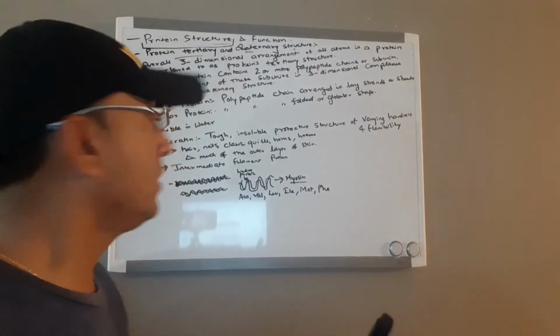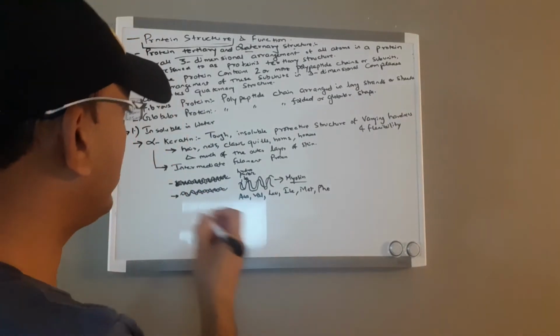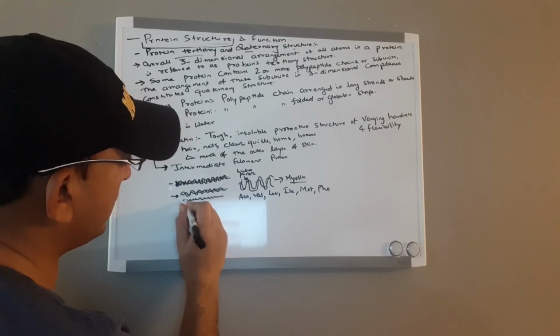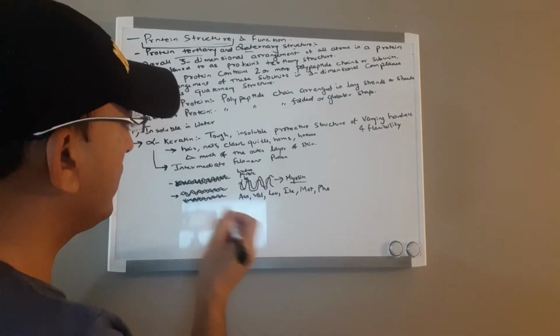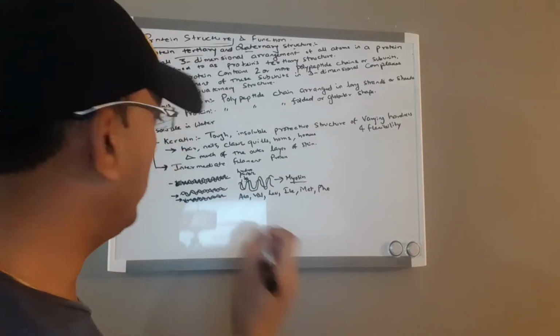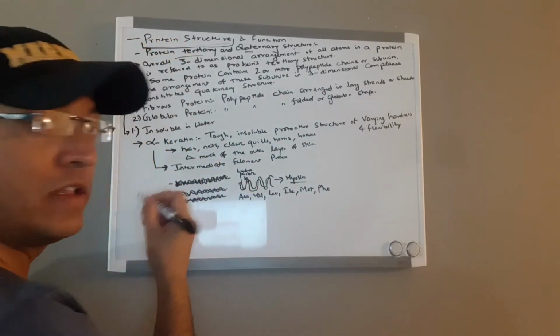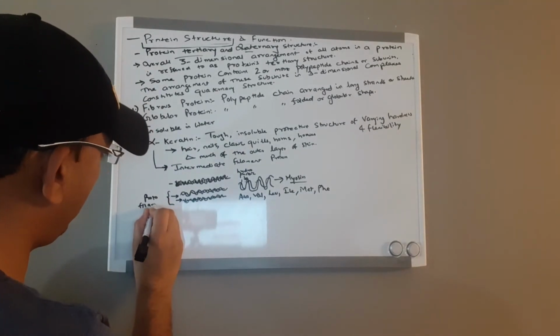So for example, this is one alpha keratin, right? So there will be a second one here. I will just draw a random picture, just imagine that that's a rope and that's the second one. And so these two, or three, will form a filament, right?